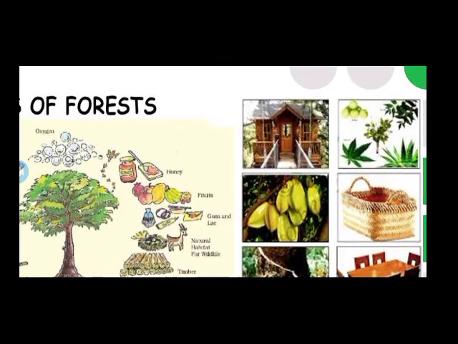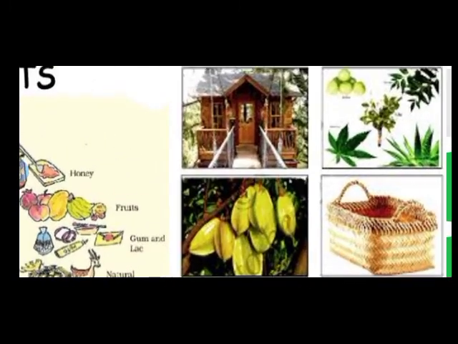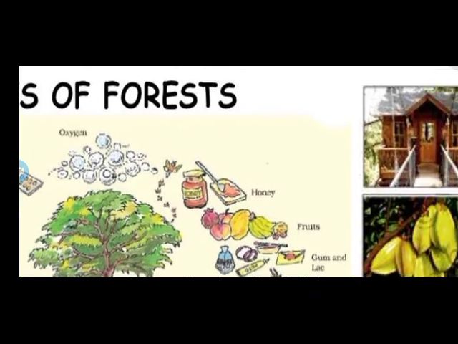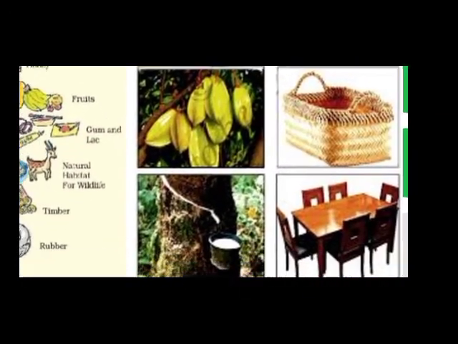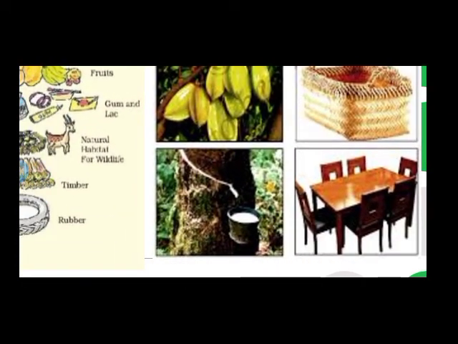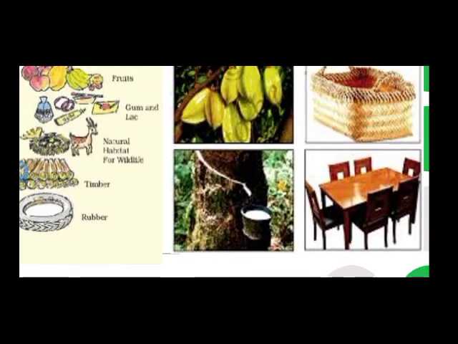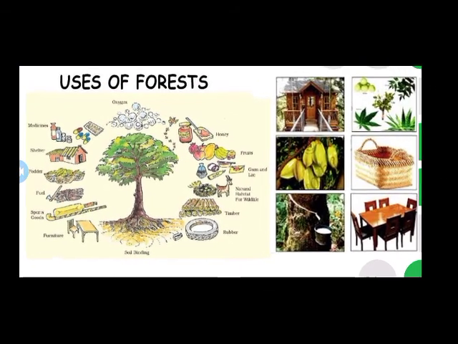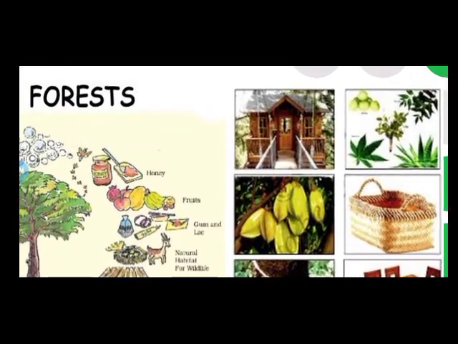Look at the food, many food that we get from the plants. These are the fiber that we make baskets with, isn't it? We take the latex from the rubber tree to make rubber items, like erasers and tires and all those things. The wood is used for furniture and to make wooden houses, etc.